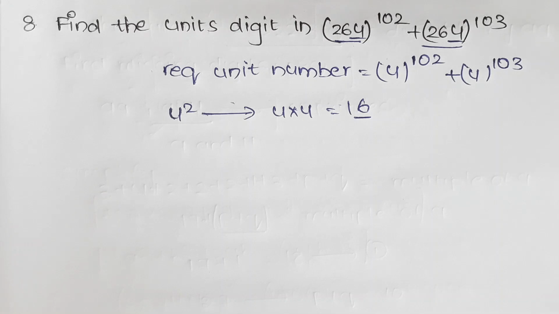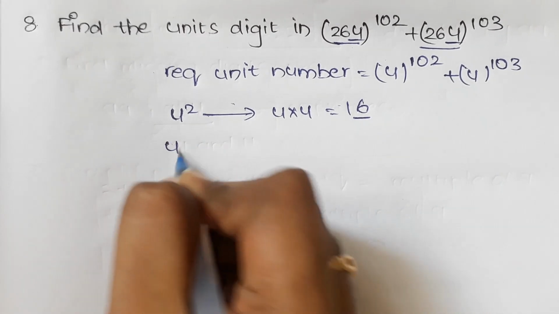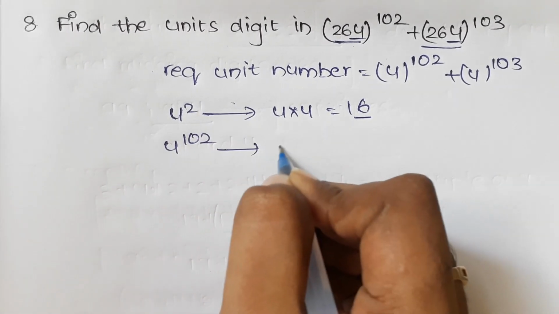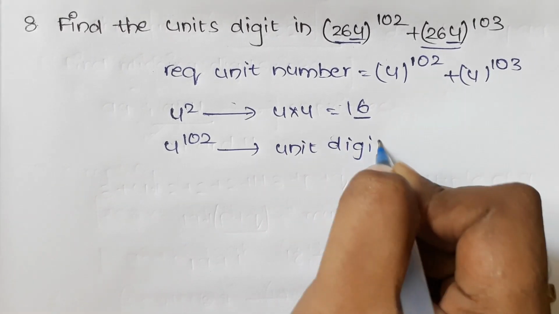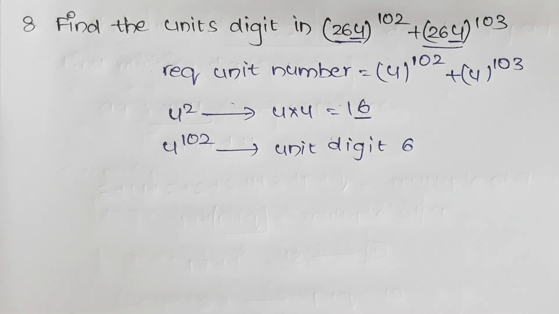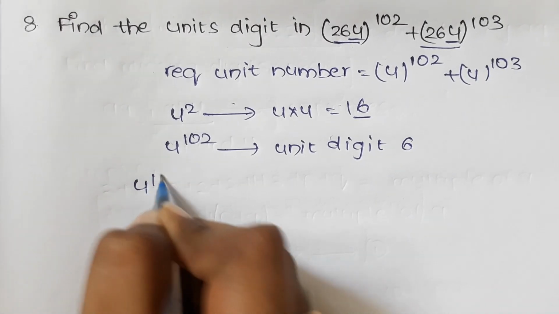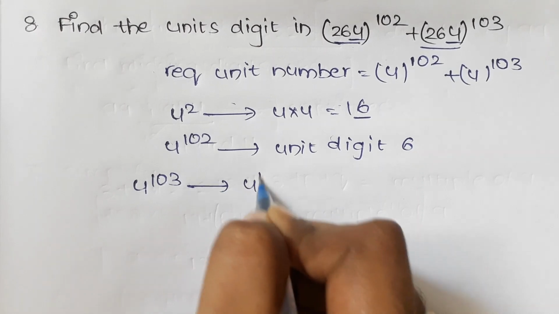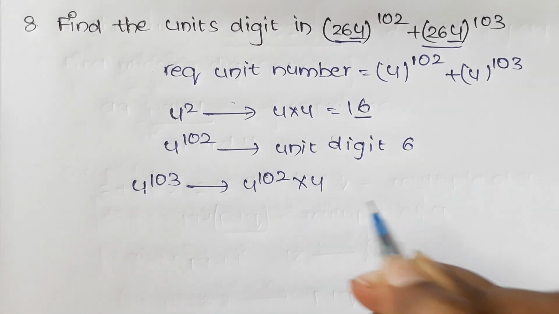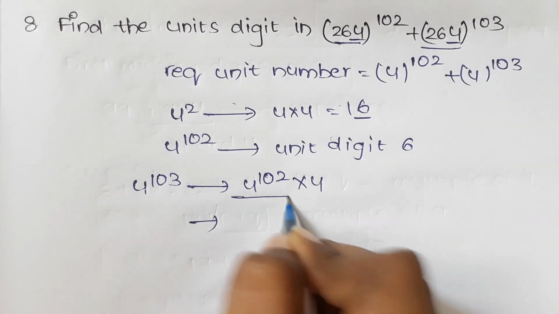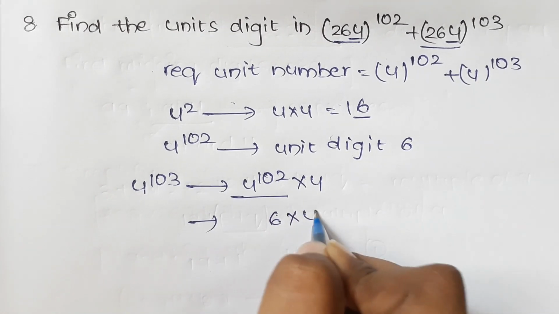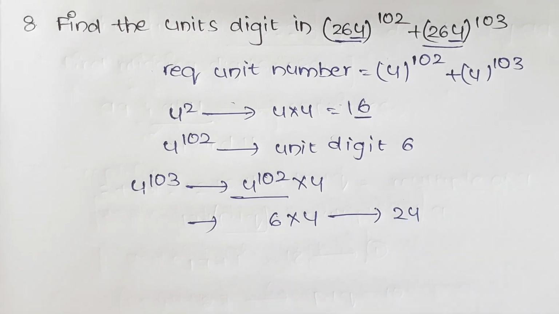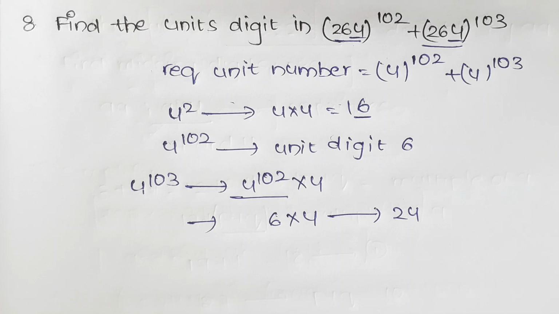And now similarly 4 power 102 will also give unit digit 6. And again 4 power 103 will be written as 4 power 102 into 4. That is 4 power 102 unit digit is 6 and into 4. Then 6 into 4 we will get 24. And we have the unit digit is 4.